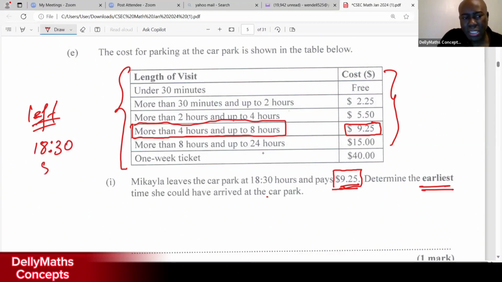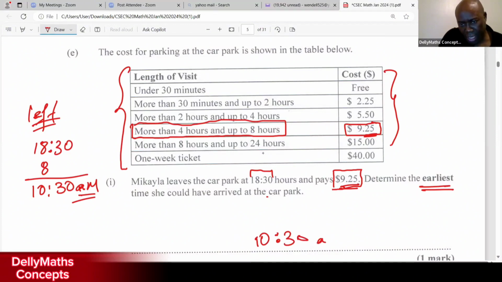So if I subtract 8 from this, it's going to show me that the earliest she could have gone there would have been 10:30 a.m. That means if she had showed up at 10:30 and spent all of 8 hours, it's going to come up to 18:30, which would have cost this still, right? So 10:30 a.m. is the earliest time that she could have gone there.